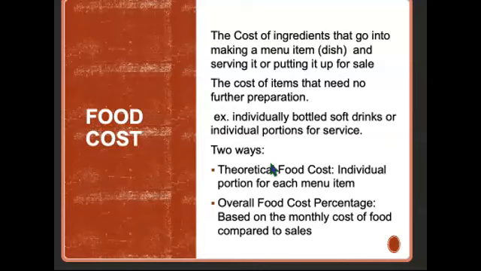You need to know how much each item in that dish costs. And the overall food cost percentage is based on the monthly cost of food compared to your budget or how much money you're getting per dish.